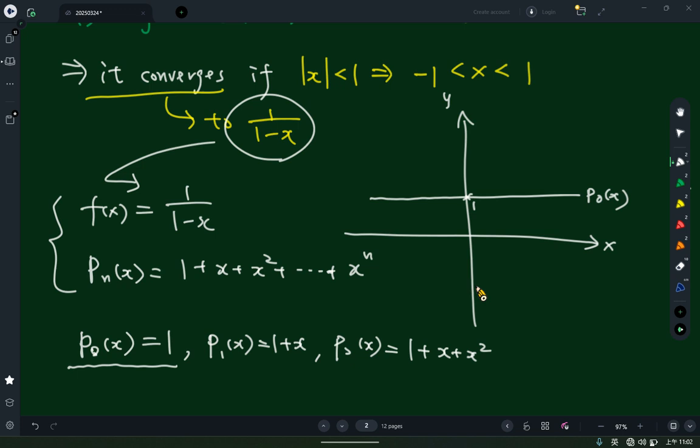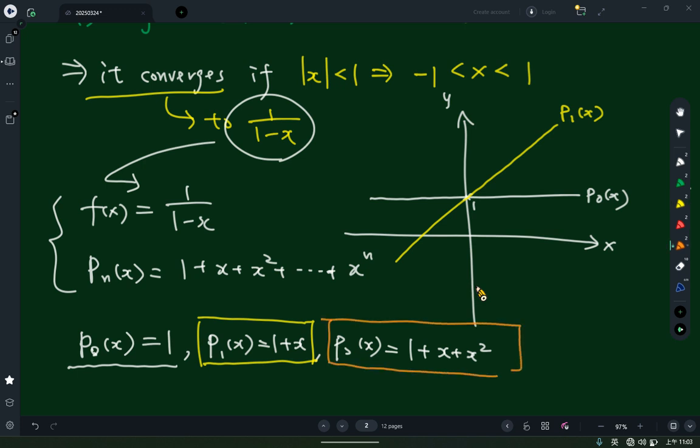Then we try to draw P1 of x. P1 of x will be a slanted line. This is P1 of x. Then what is P2 of x? P2 of x will be a parabola, something like this.